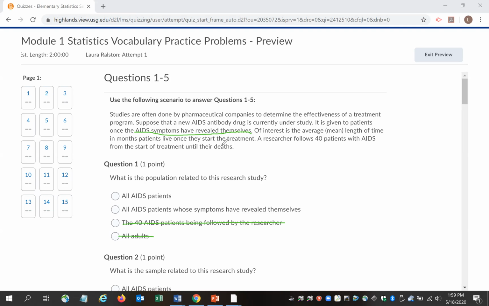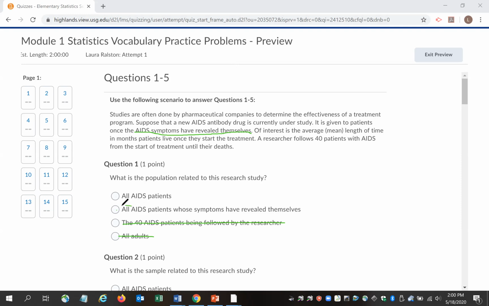So all of the people in this study have started the treatment, and in order to start the treatment, the AIDS symptoms have revealed themselves. So even though I've narrowed it down, I have to include the descriptor.